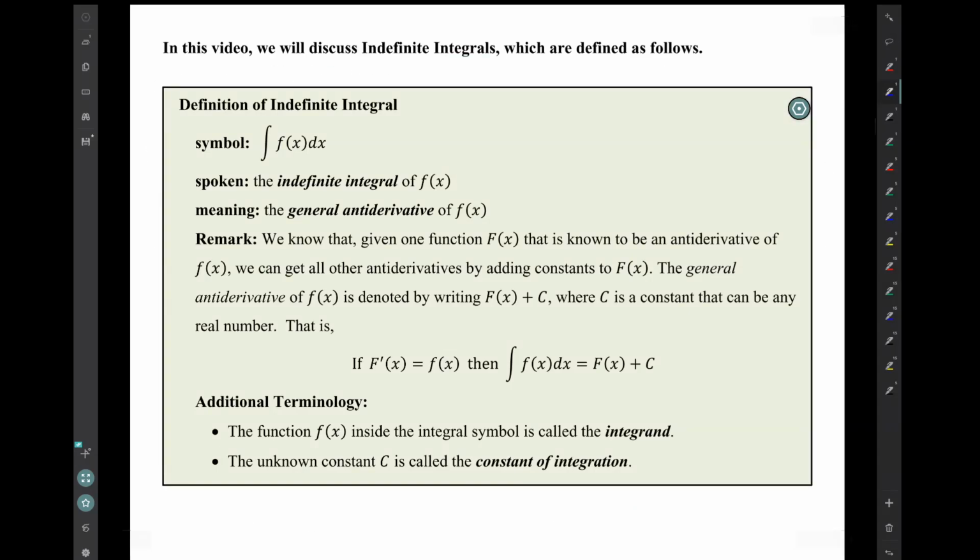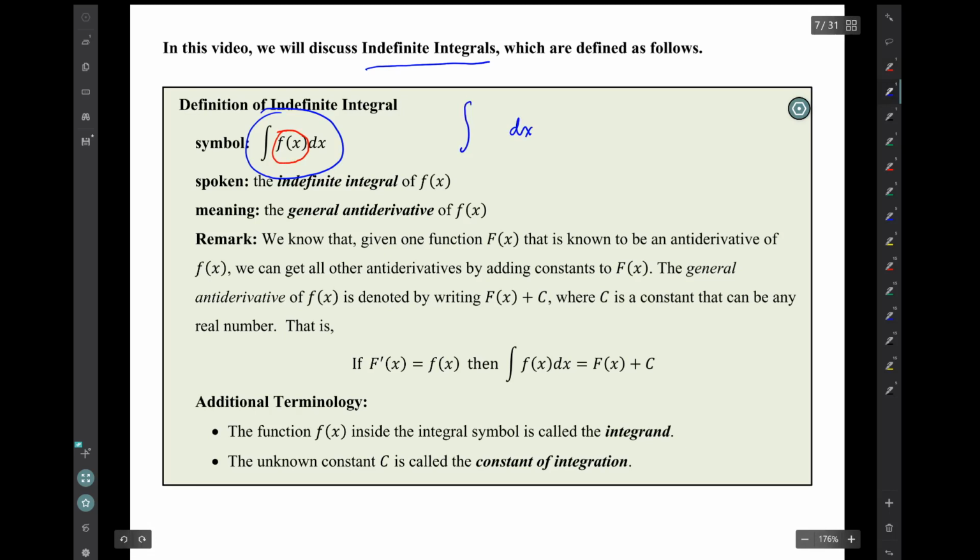In this video, we'll discuss indefinite integrals, which are defined as follows. First, we have this symbol. Notice that in that symbol, there's the function little f of x, and it's framed by these symbols.